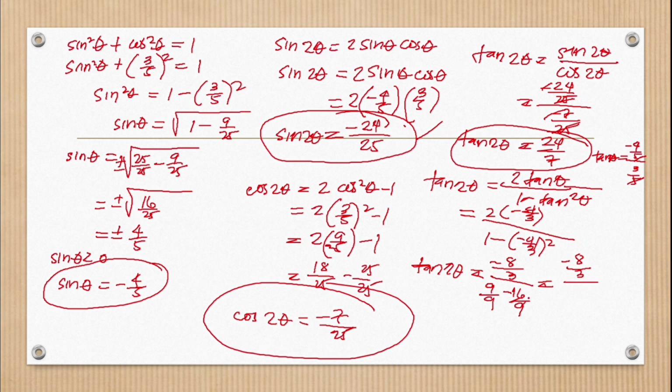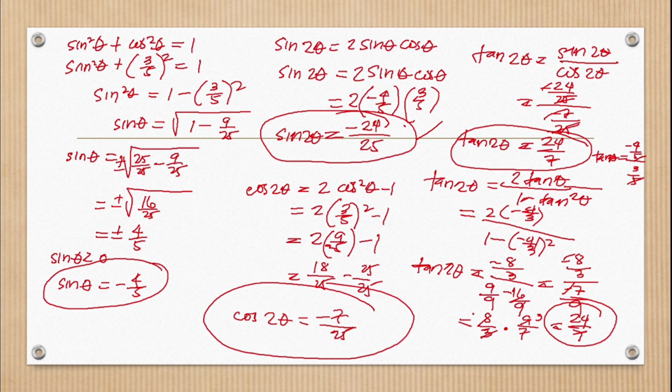That is equal to negative 7 over 9. So cancel the negative, and the result is 8 over 3 times 9 over 7. We have here 3, so 3 times 8 is 24 over 7.